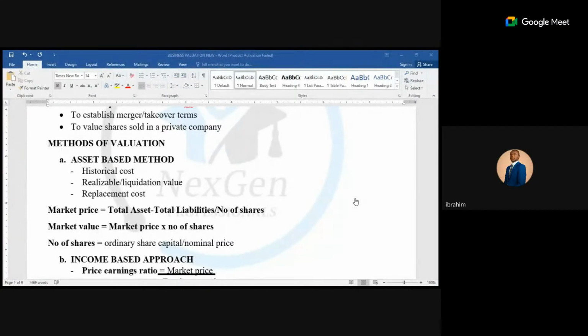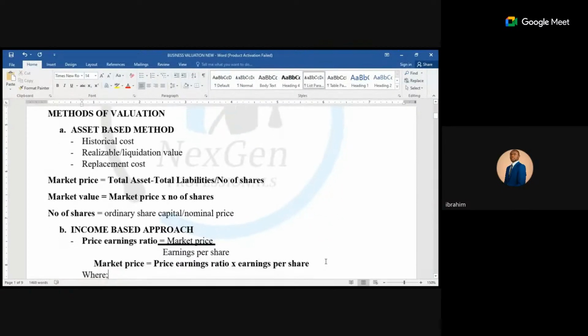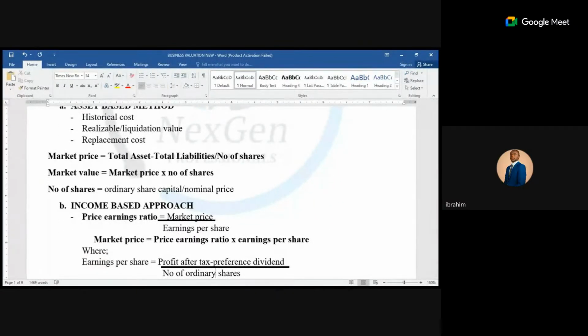Under the methods of valuation, we have the income-based approach. The income-based approach makes use of accounting profit.